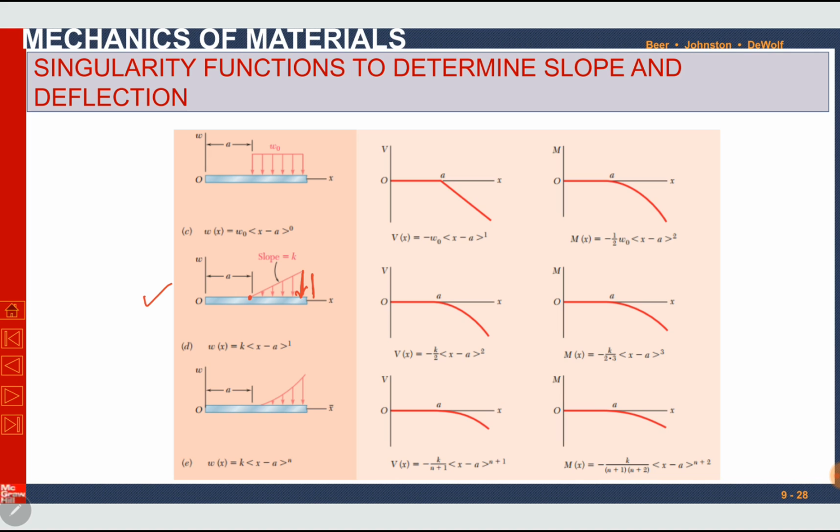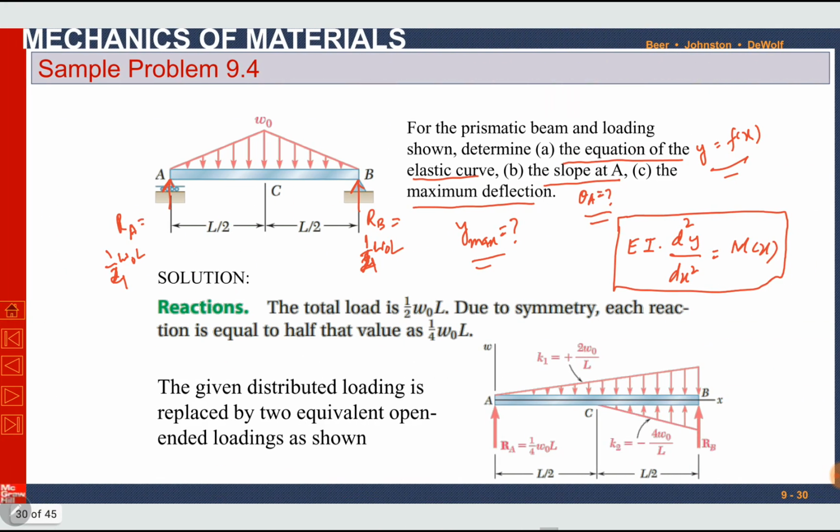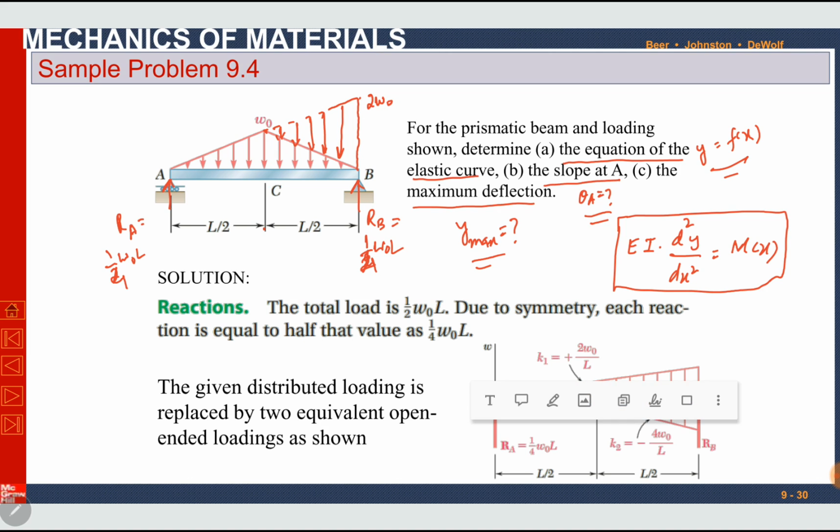So in order to make a similar case, we will add some triangular load. We have already solved this case in chapter number 5 for shear and moment only. It will be 2 W naught, because at half of the length it was W naught, so at full length it is a linear slope, so it will be 2 W naught. Here we have to add upward load.